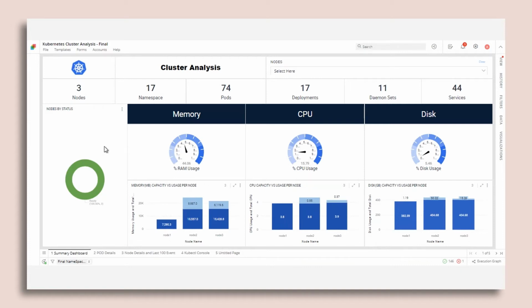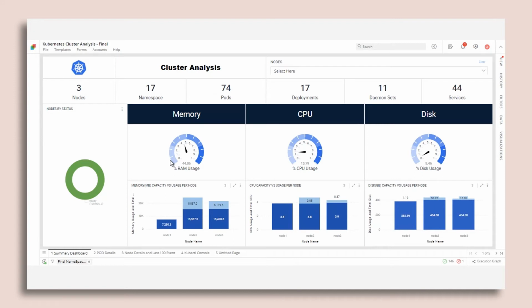This is a summary dashboard which lists the high-level important metrics across the Kubernetes cluster: the number of nodes which are running and how they are performing, and the major resources, how we are doing on the cluster level in terms of memory, CPU, and disk.